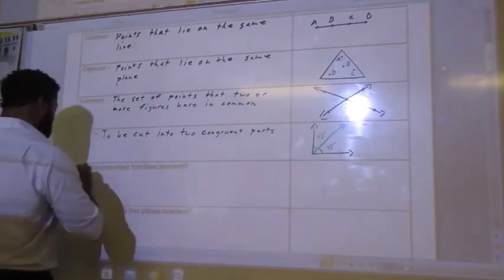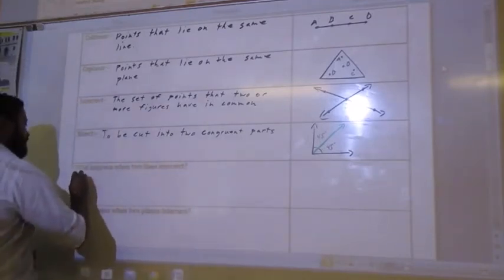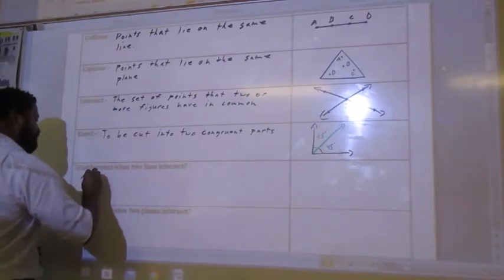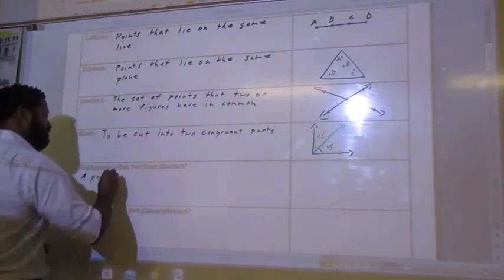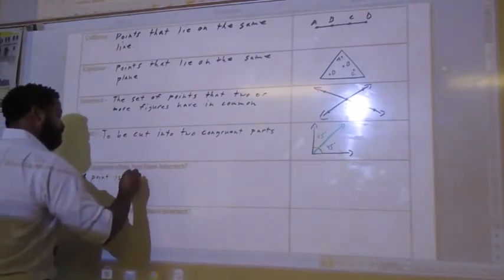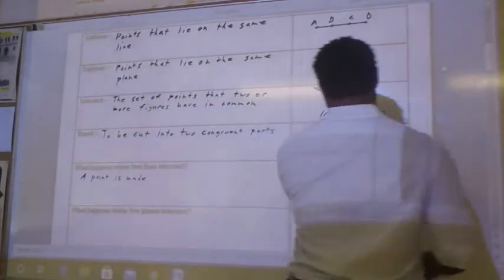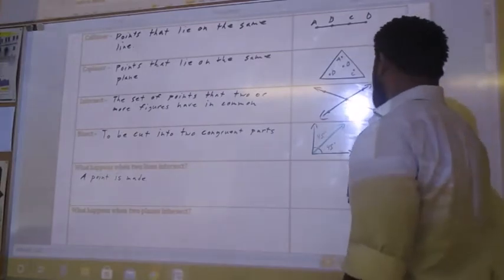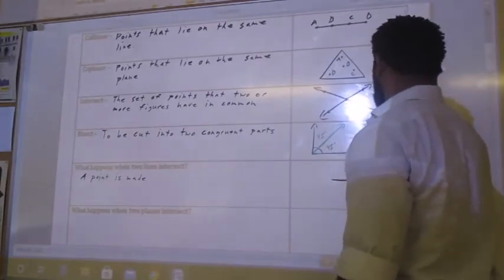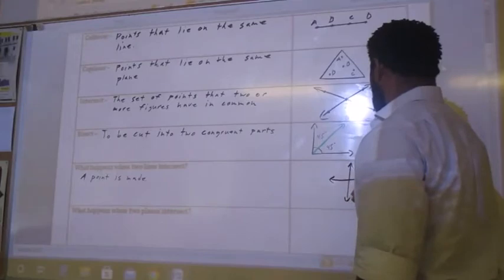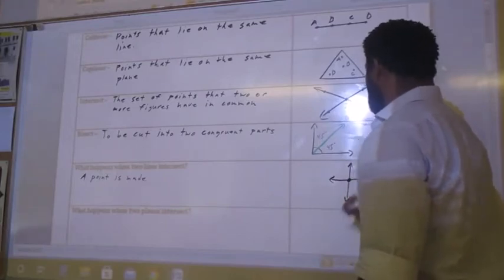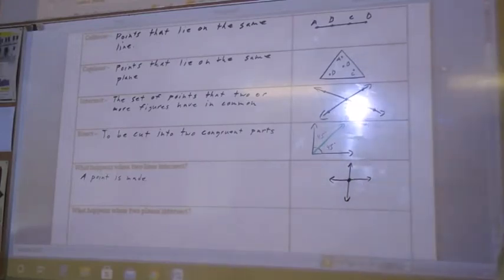A point is made. Okay? Same exact picture like this. When two lines intersect, a point is made. That's what happens when two lines intersect.